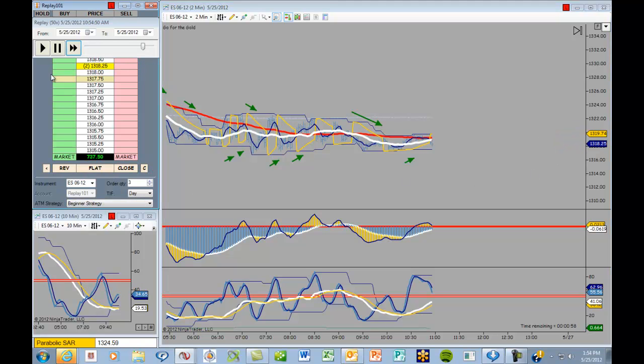Okay, stopped out. White's under the red, blue's under the white. We don't quite have a cross yet. That suggests that we'll probably go sideways a bit before the market drops. So let's just get a little closer to the actual event.